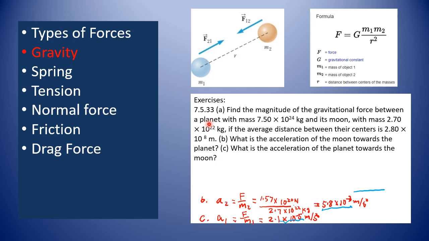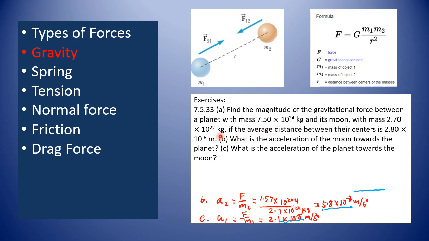Now let's take a look at our first exercise. Find the magnitude of the gravitational force between a planet, which has a big mass, and a moon, whose mass is smaller but still huge, 2.7 times 10 to the 22.